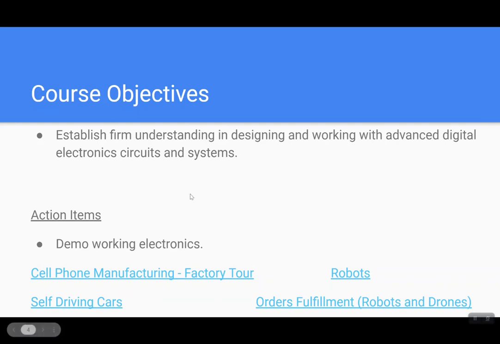This knowledge of digital processing engines has been utilized in manufacturing industries like manufacturing cell phones, robots manufacturing or using robots for desired needs, self-driving cars, or the Amazon order fulfillment center robots, or whatever automation processes they have in order to achieve their system objectives.